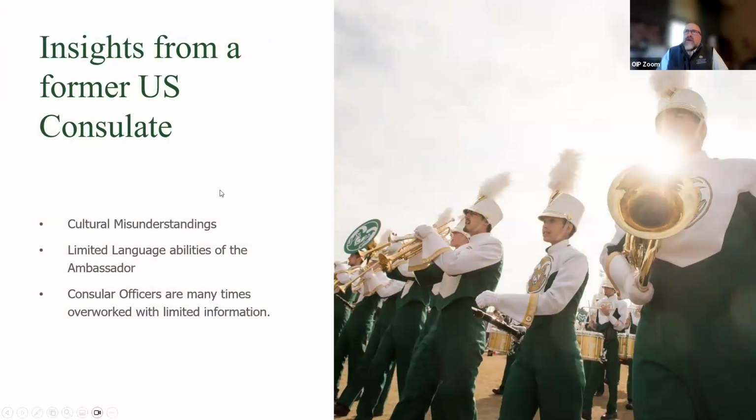So the first thing is there can be at times cultural misunderstandings. What we mean by that is sometimes a visa officer is new in their position and they don't always understand the culture of the individuals applying for specific visas. I'll give you an example this consulate officer gave.